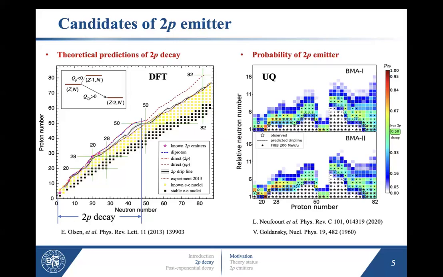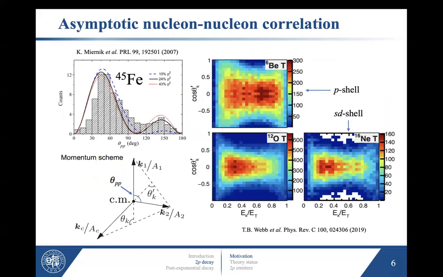as well as theoretical studies. And the interest in two-proton emitters has also been boosted by the measurement of nuclear correlations. These are observables that can be measured directly in experiments. They are related to the asymptotic wave functions, and we can also extract some structural information from these nuclear correlations.